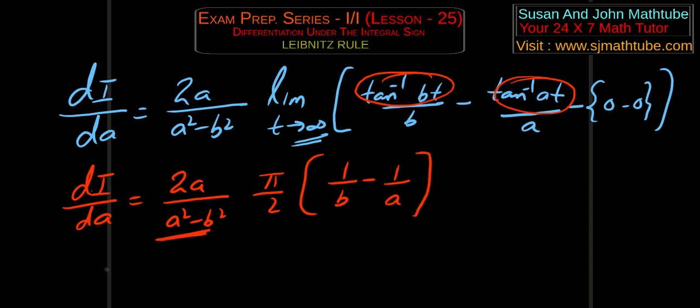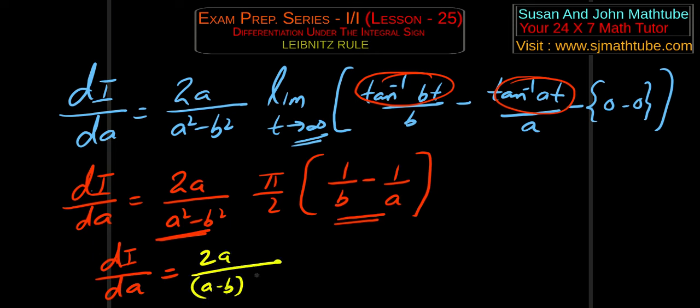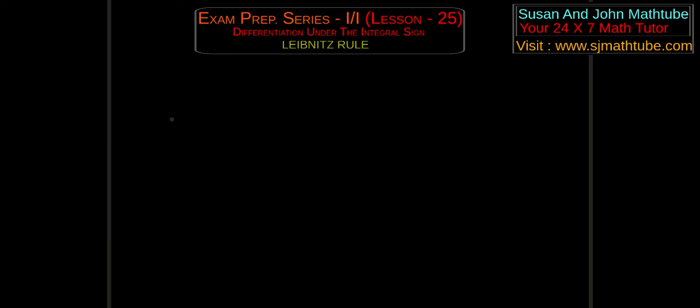And we can factorize this. We can take LCM here. So dI by dA is equal to 2a by (a minus b)(a plus b), and pi by 2 remains as such, but more action over here. It will be (a minus b) by a into b. So this and this get cancelled.